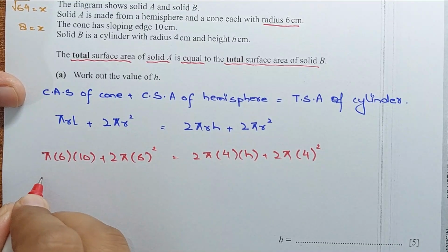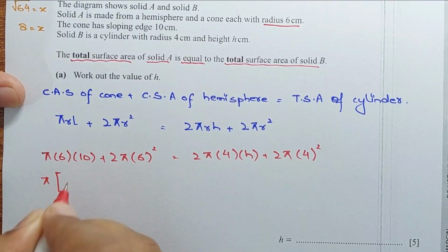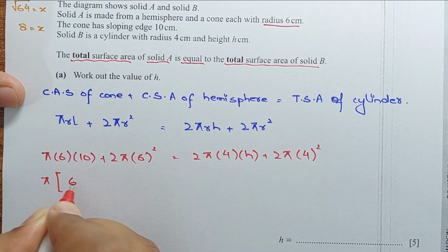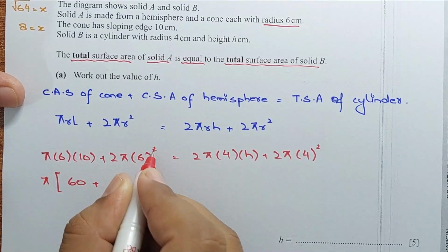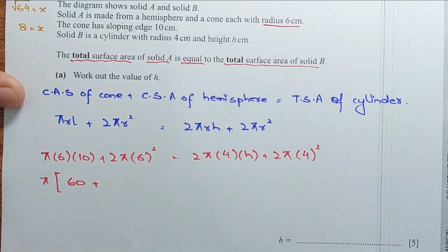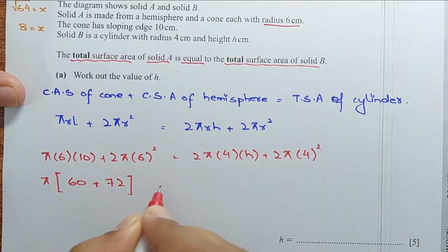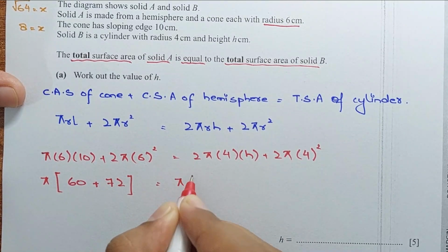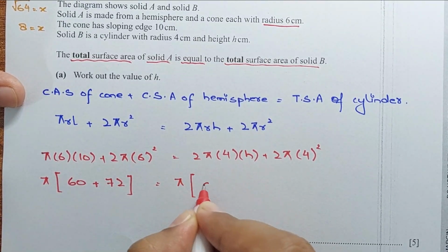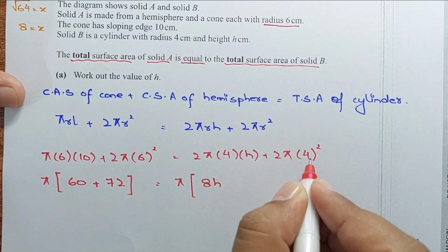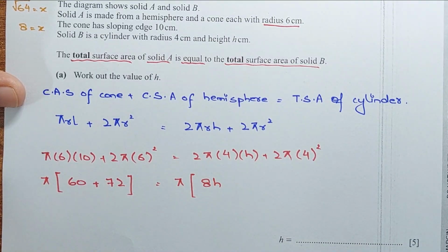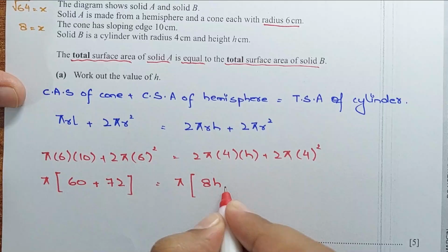We can take pi common. 6 times 10 is 60. 6 squared is 36, and 36 times 2 is 72. Again taking pi common, we have 2 times 4 is 8h, and 4 squared is 16, and 16 times 2 is 32.